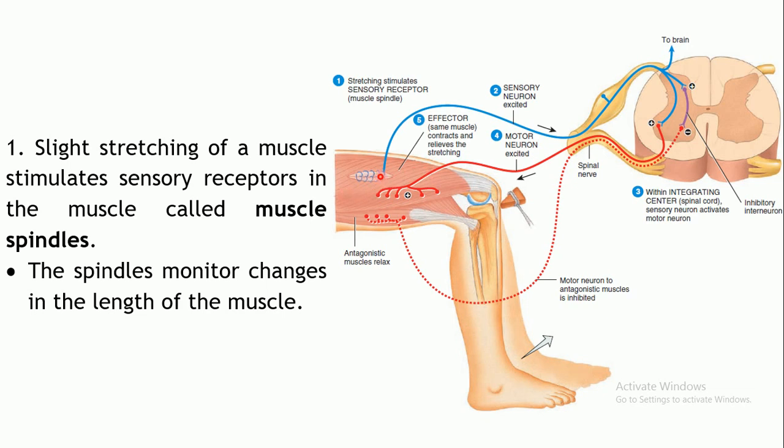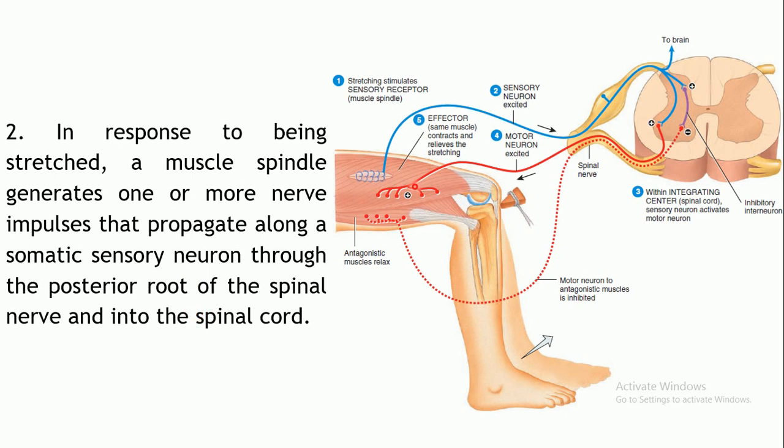If there is stretching in these muscles, they will stimulate the sensory receptors which are located in the muscle. So the muscle spindles act as the sensory receptor. This stretching is sensed by these muscle spindles, which are continuously monitoring the changes in length of the muscle. Now in response to these stretched muscles, the muscle spindle will generate one or more nerve impulses.